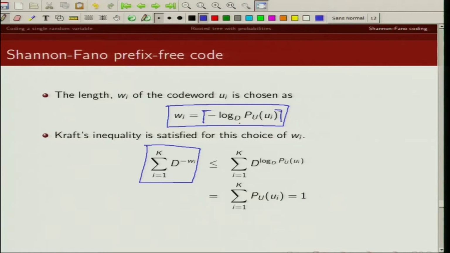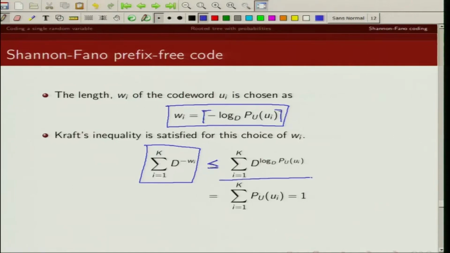So this minus log of P of Ui might be some real number, so we round it off to the nearest larger integer, the smallest integer which is bigger than this quantity. So if we remove this ceil function, we are raising D to a smaller quantity, and since this is a minus of that, this will be greater than or equal to this.